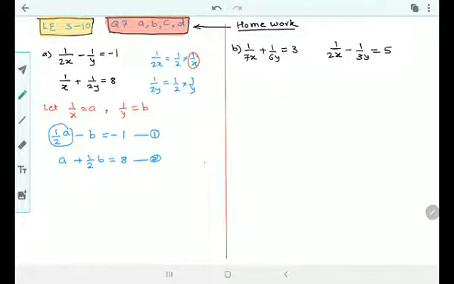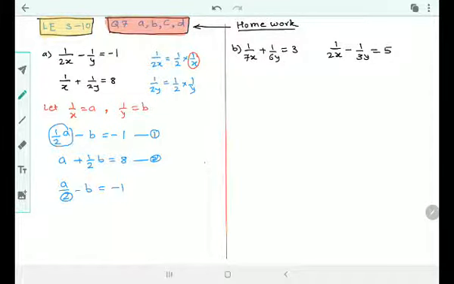This part I'll just simplify, or write in an easier way. That is nothing but A by 2 minus B is equal to minus 1. Correct? Can I multiply by 2 to remove this fraction from the denominator? As we are allowed to multiply any equation by any constant number, right?